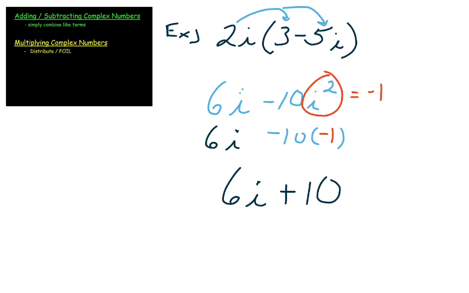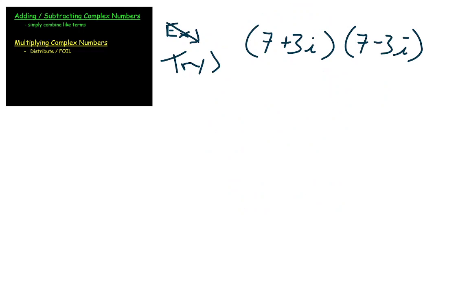With the 6i, we end up with 6i plus 10. So you see that when you multiply, it seems like we get i squared, at least we've gotten in the last two problems. Whenever you get i squared, it's the same as -1. And of course, when it gets multiplied, it can change the value of the number in front.